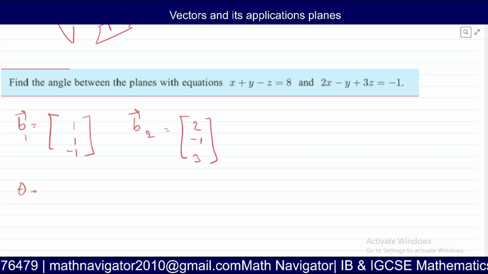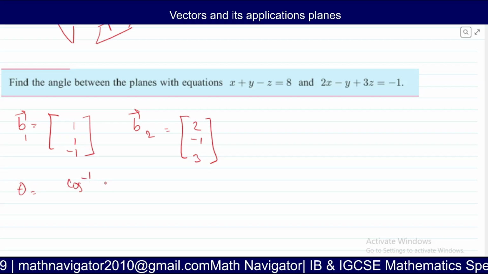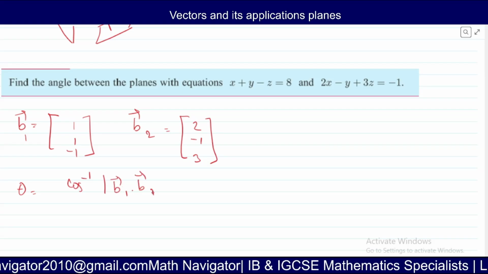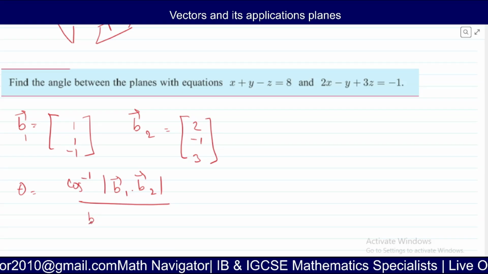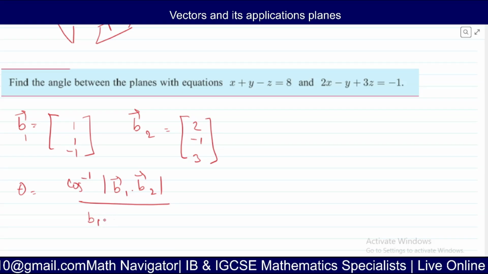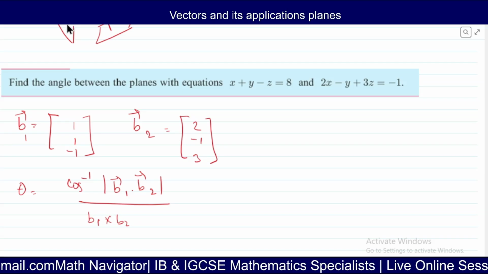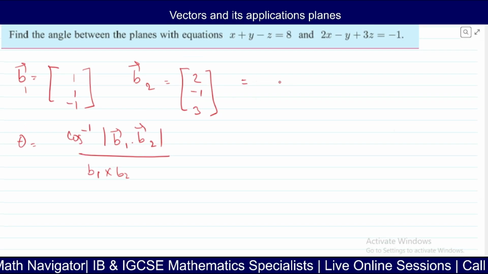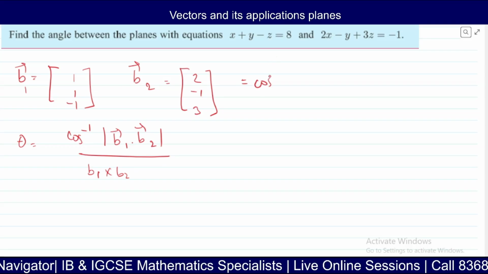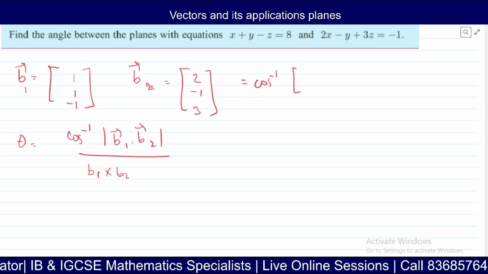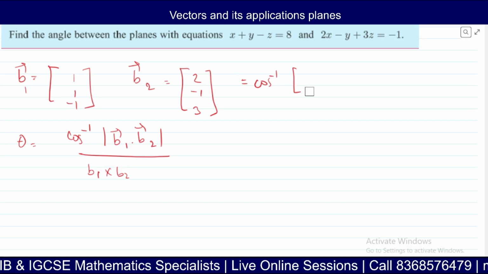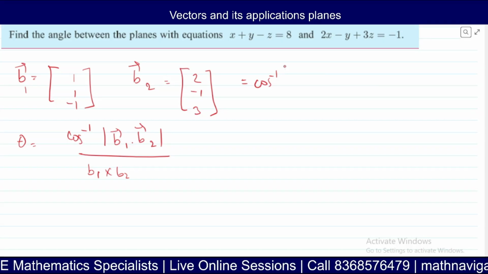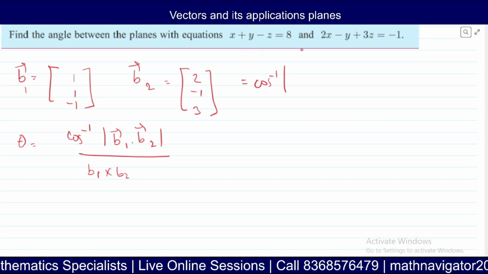So theta is equal to cosine inverse of vector b1 dot vector b2 over magnitude of vector b1 times magnitude of vector b2. So this is cosine inverse of something.